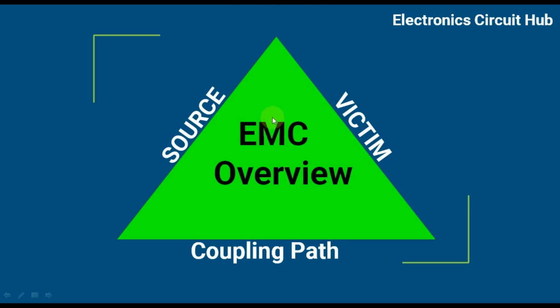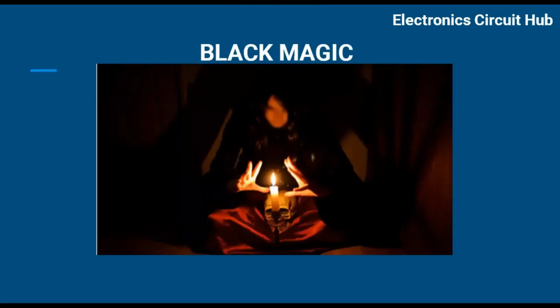Basically, three terms will be used throughout this presentation: source, or transmitter; victim, or receptor or receiver; and the third one is the coupling path. The source, victim and coupling path form the EMC triangle. Let us go further.